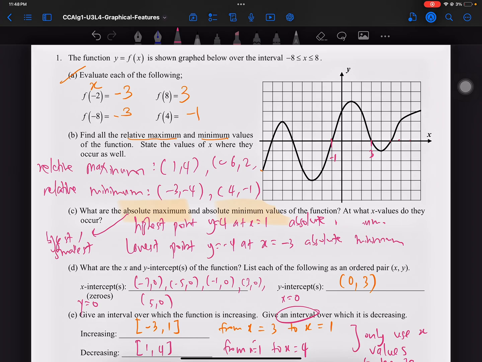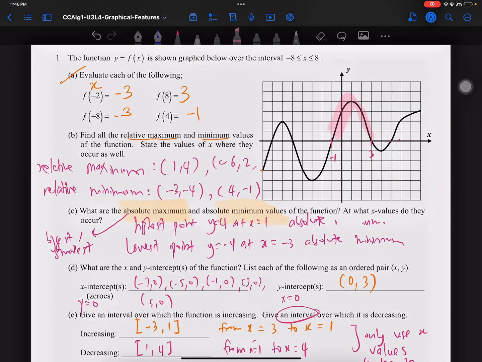Is the graph above the x-axis or below it in this section? Between -1 and 3, the graph lies above the x-axis. The function is positive on this interval. You can see this is the line from -1 to 3.